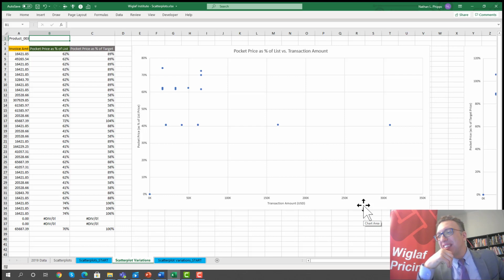But keep in mind that this continuous variable that you have on your horizontal axis, that could be any continuous marketing variable that you have. When you look at all of the facts, you may realize that it's not appropriate to be looking at the transaction amount and to see if there's some sort of price discount being offered in terms of that.